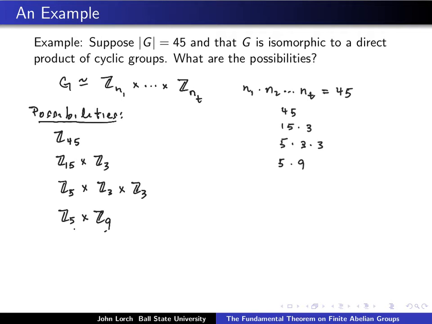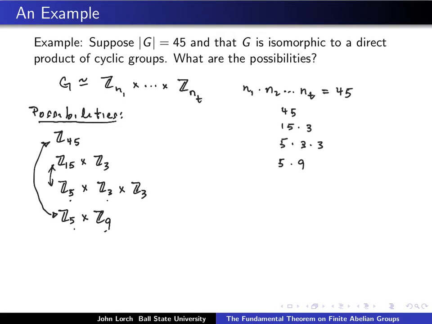Remember, this is something we talked about a little bit earlier. And so that means that Z5 cross Z9 is really the same as Z45. So these two groups here are duplicates. And similarly, Z5 cross Z3, because those are relatively prime, is the same as the cyclic group Z15. So these two also are duplicates.